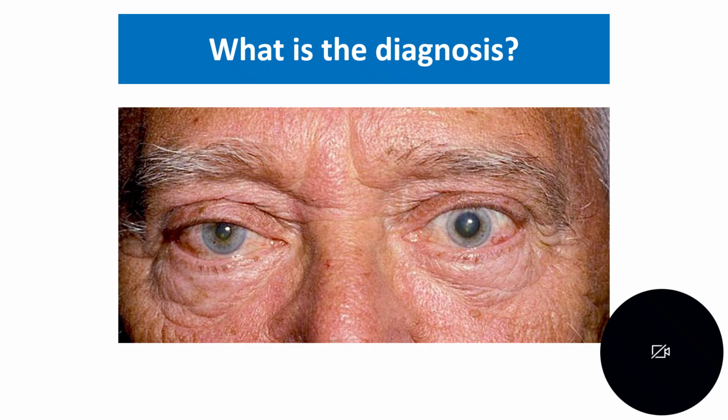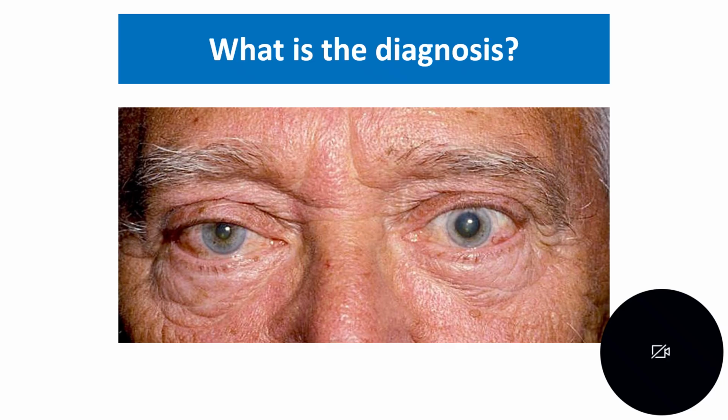How about this one? This is a 64-year-old male. And if you look at this, you're going to notice a couple of things. The left upper eyelid is slightly lower than the right upper eyelid. The left pupil is smaller than the right pupil.